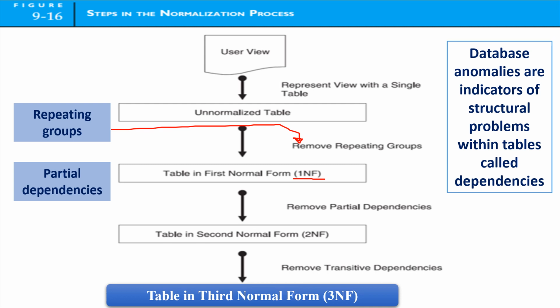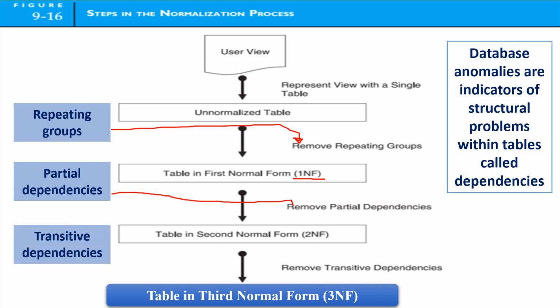Then, in the second step, we look into partial dependency, and we remove any partial dependency to reach a table in second normal form. In the third step, we look into transitive dependencies in order to reach a table in third normal form. And when we have a third normal form table, we can call it a normalized table.